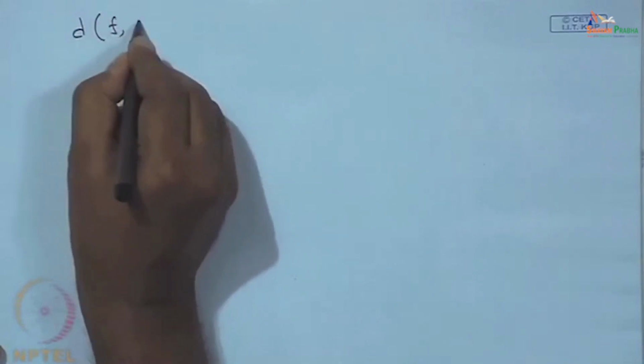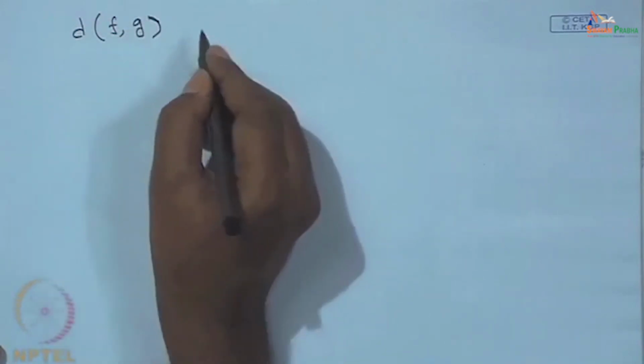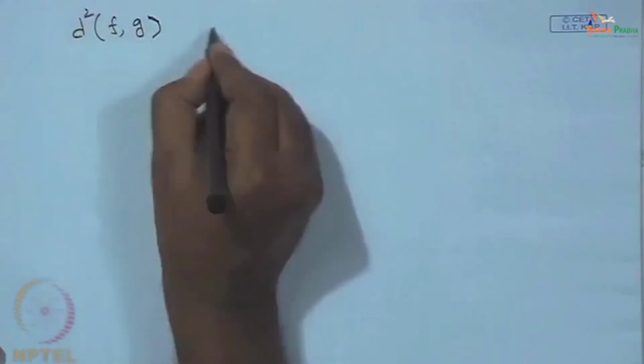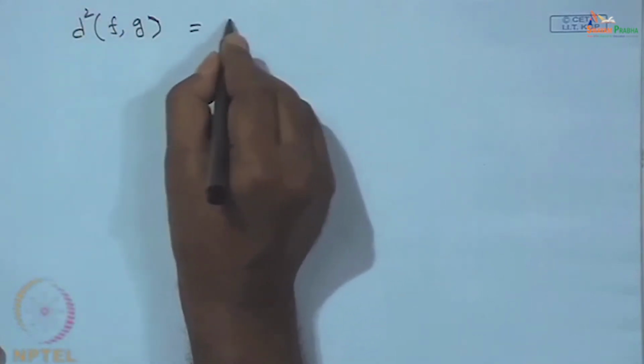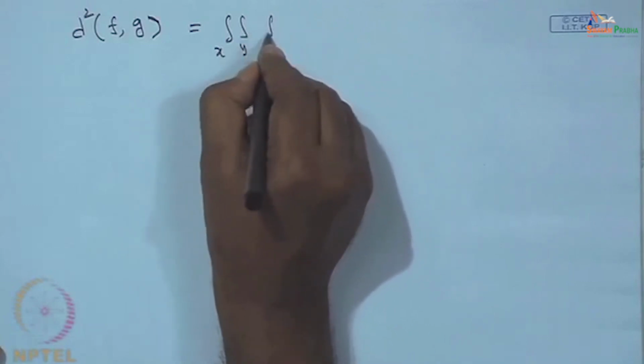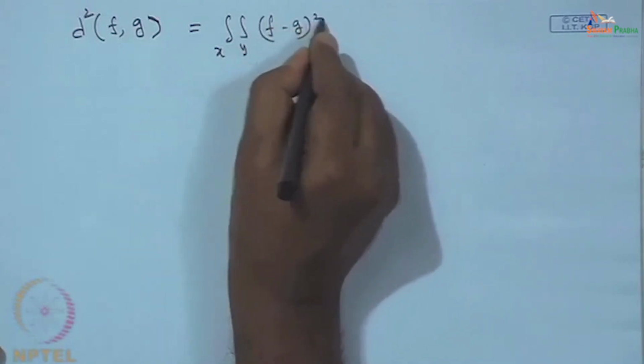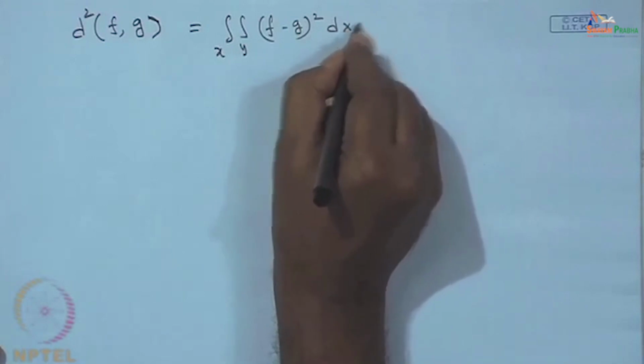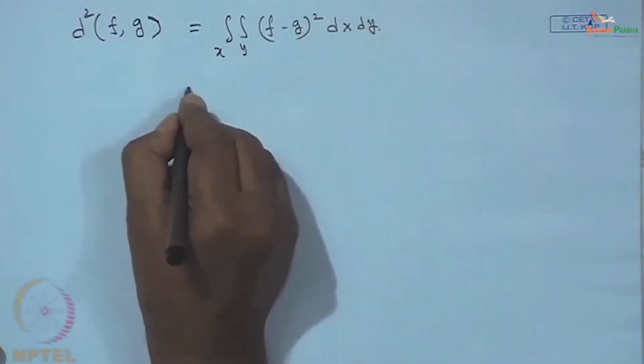Next, we talk about the metric. The metric between the functions f and g, square of that, is defined as the double integral of 1 over x and y, f minus g whole square, dx dy.